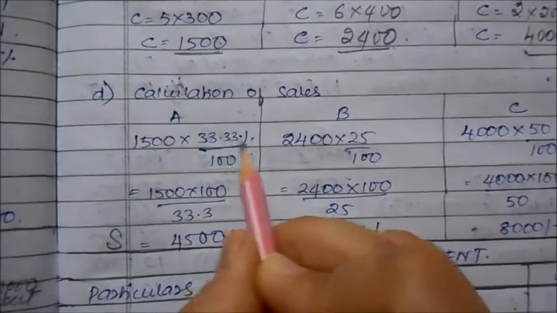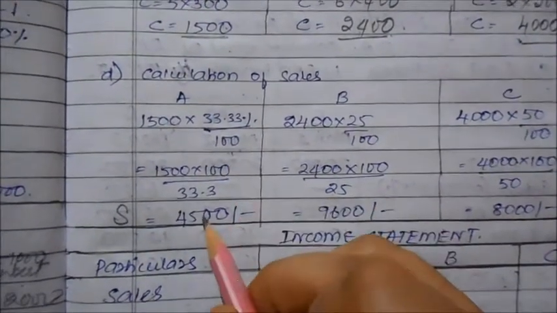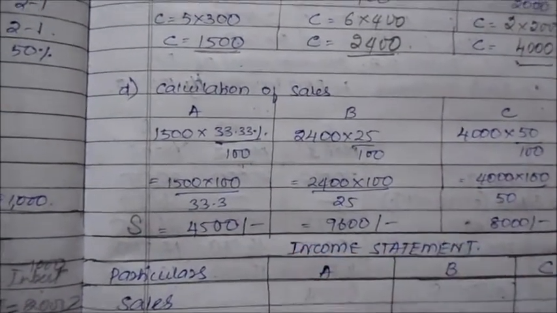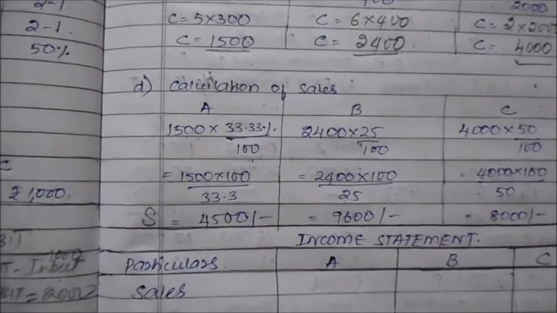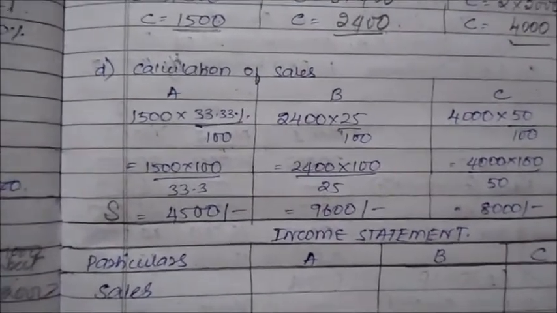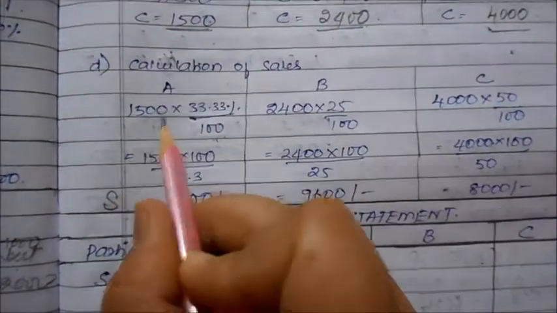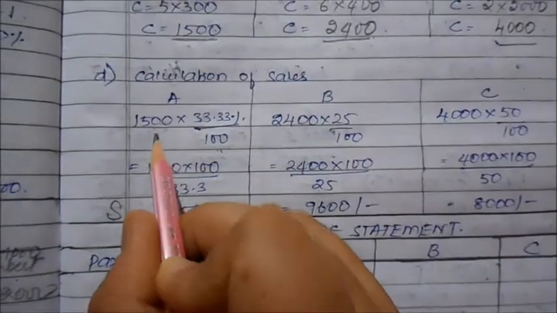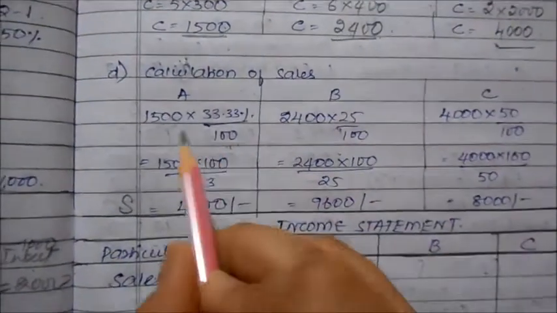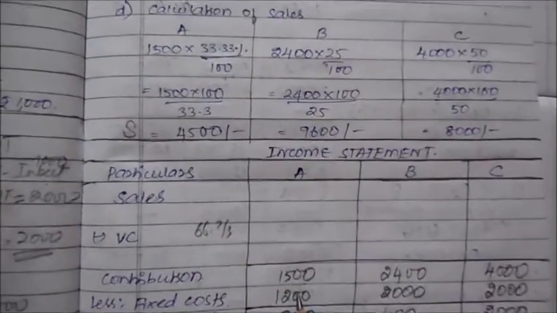1500 into 33%, that is contribution of 100. The total amount we will try to bring to a full ratio of sales and then find out the value. We are not expected to do 33% of this much. We find out, if this was contribution, then what would have been the sales. That is why we do 1500. Where did this 1500 come from? It came from contribution.